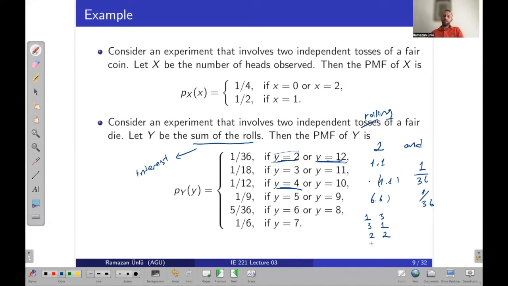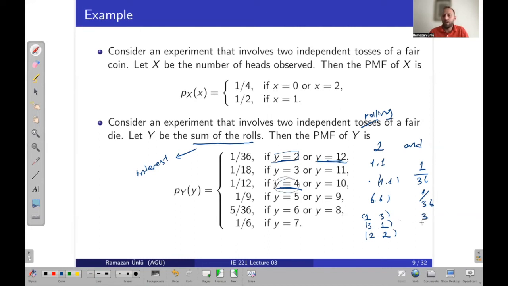Is there another pair of numbers whose summation will be 4? I think no. So in the sample space, there are only 3 subsets. We take the inverse and go back to the sample space to count the number of possible subsets that give rise to this one.